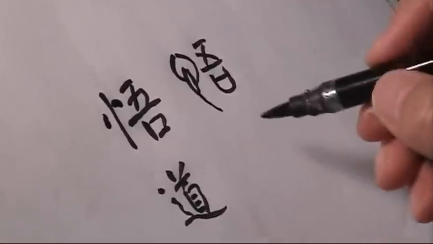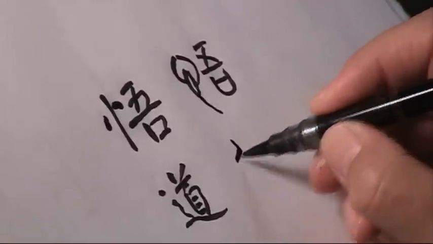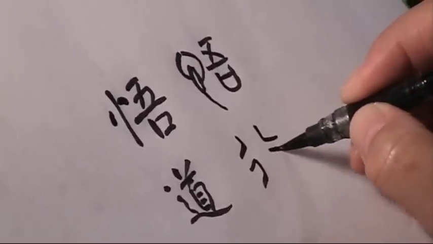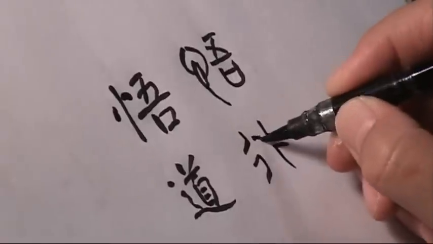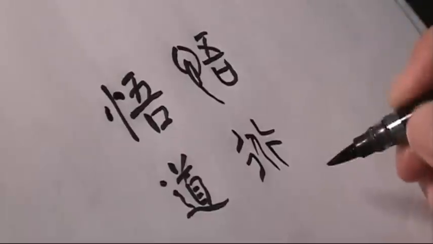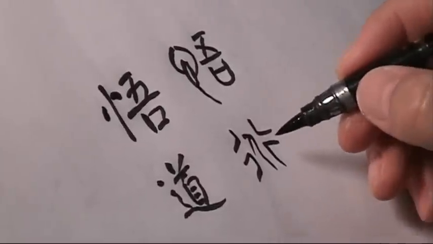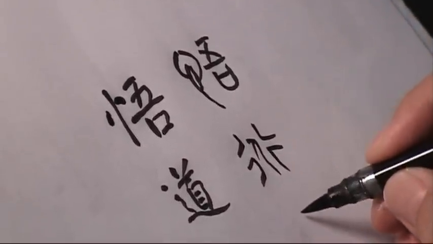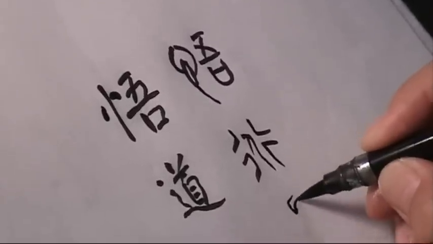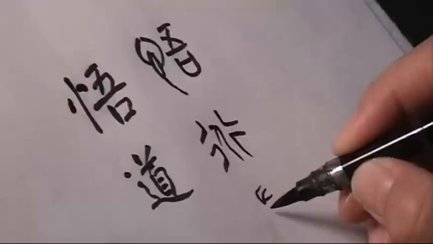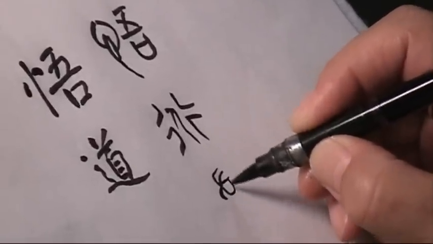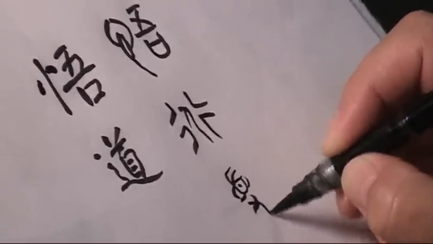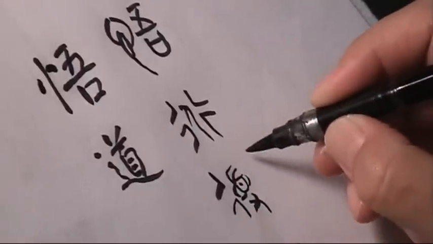And the second character is more complicated. There are two versions. One looks like this. A man standing in the center of an intersection. In the earliest script, the man is represented by the head or the big eye.